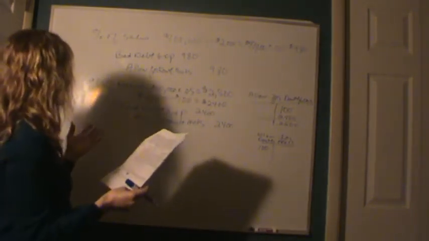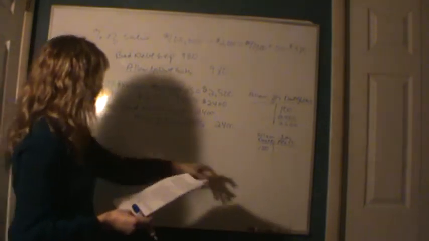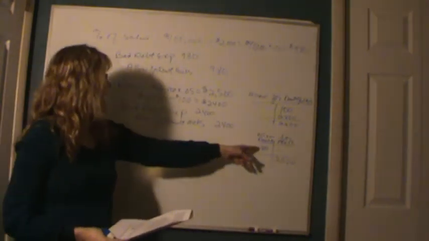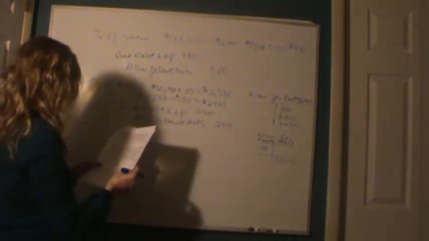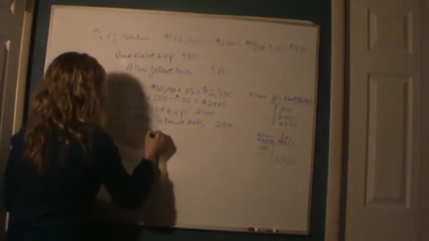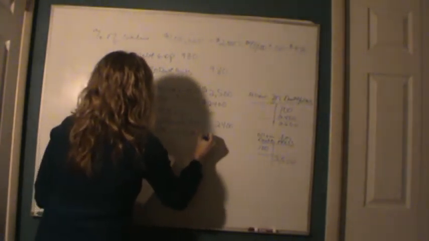Well, we still want it to end up totaling $2,500, right? But what are we going to have to do here to get a total of $2,500? We're going to have to add $100, right? So we're going to have our 2,500 plus we'll add 100, and that'll give us 2,600.